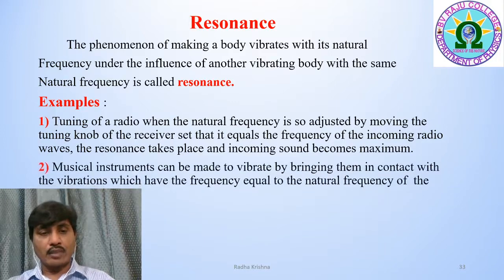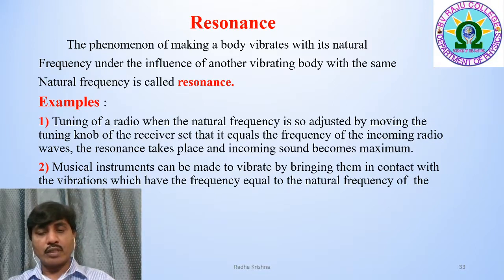The second example is musical instruments. They can be made to vibrate by bringing them in contact with vibrations which have the frequency equal to the natural frequency of the instruments. That means musical instruments such as guitar, violin, veena, etc. are made to vibrate by using our fingers at some position.